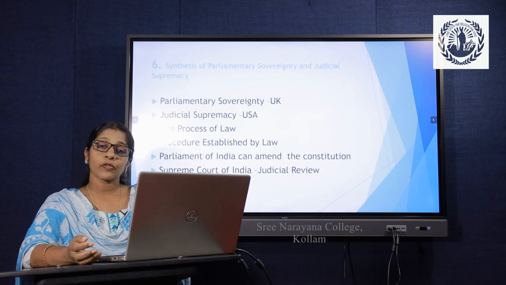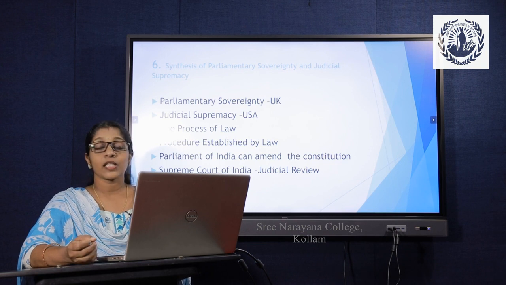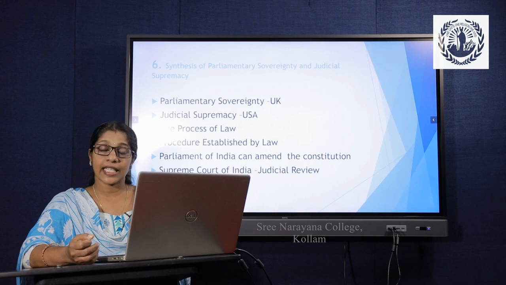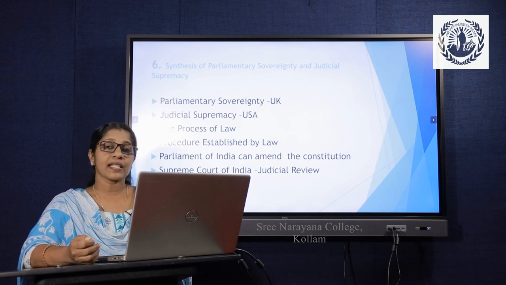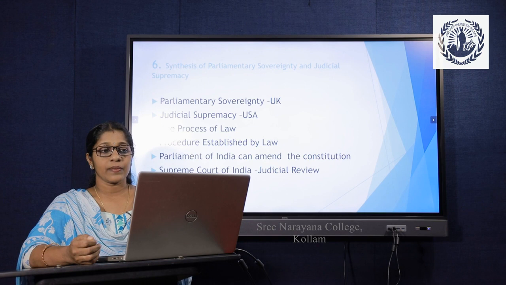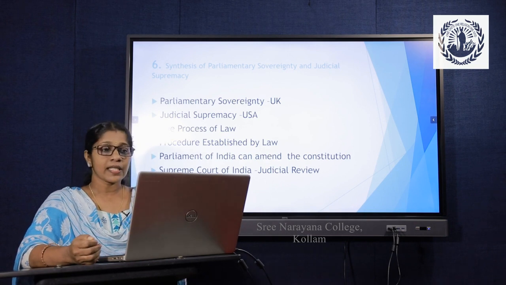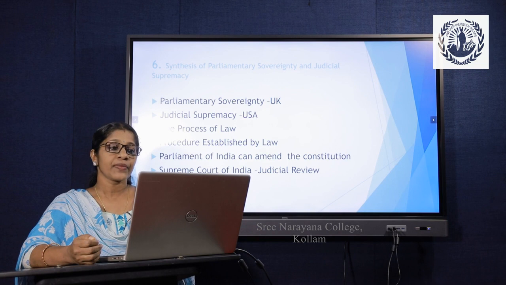And synthesis of parliamentary sovereignty and judicial supremacy. The doctrine of parliamentary sovereignty is taken from the British Constitution, and the principle of judicial supremacy is taken from the US Constitution. But there is some difference between these constitutions and India. That is, in Britain, the parliament is supreme, that is, sovereignty is perfect or absolute there.